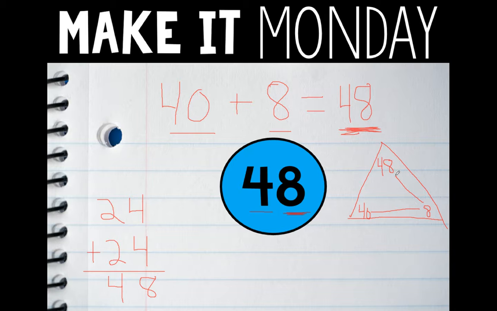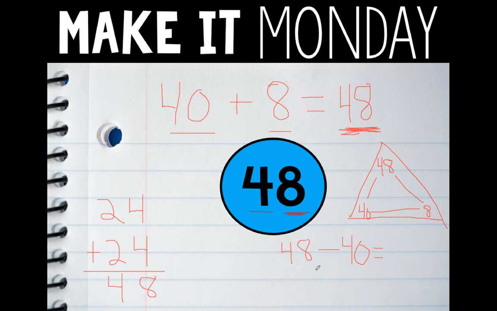But here's the reverse side. So if I know that 48 minus 40 is 8. Now, I know that that is not an equation that equals 48. But this is a number talk, and I thought that was important to bring up.